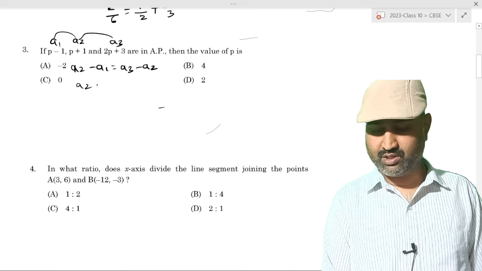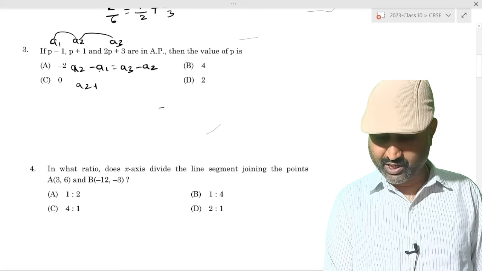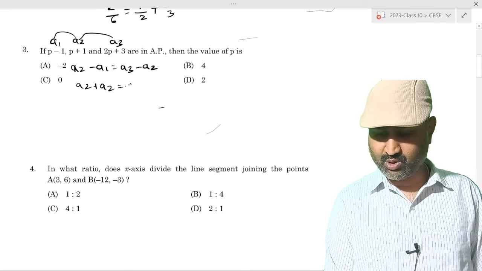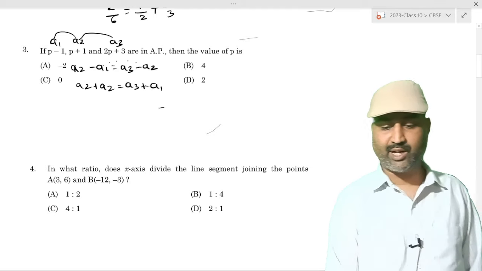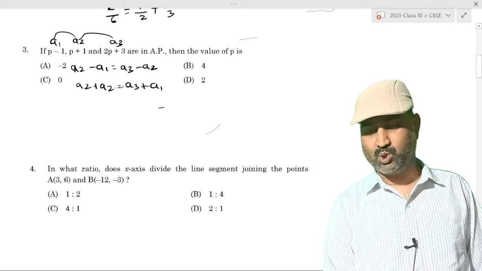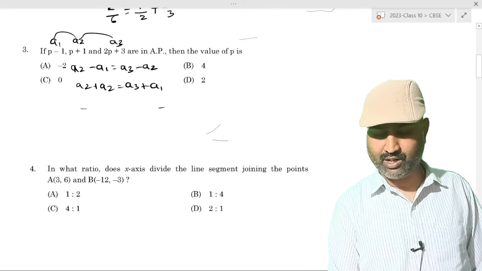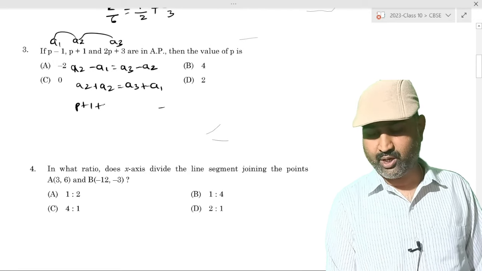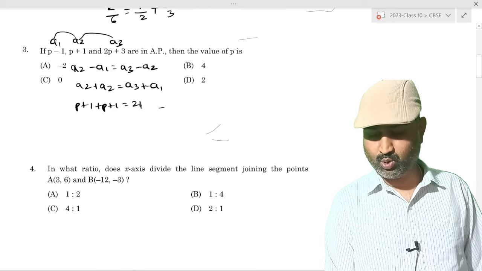a2 plus a2 is equal to a3 plus a1. I bring this a2 this side and a1 that side to avoid negative signs, therefore it will avoid mistakes. Now a2 is p plus 1, so 2 times p plus 1, which is 2p plus 2, is equal to a3, which is 2p plus 3, plus a1, which is p minus 1.